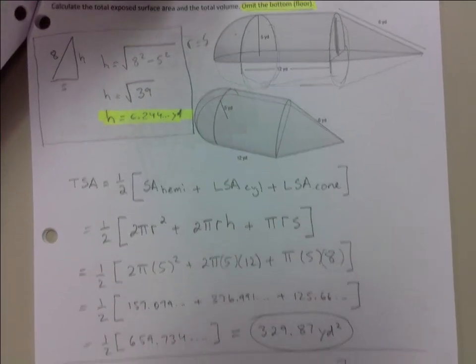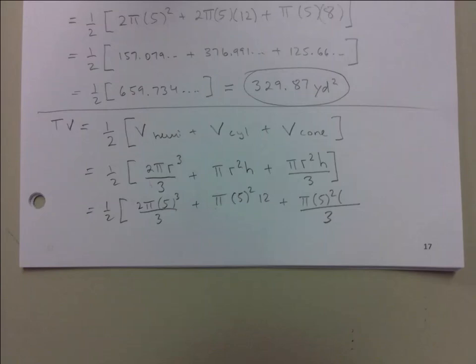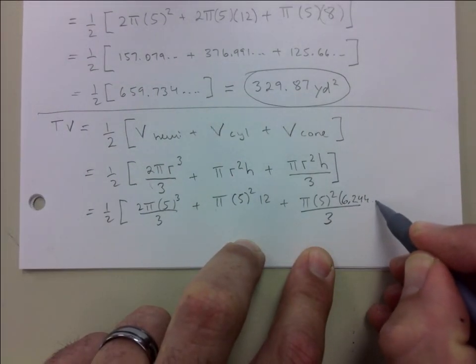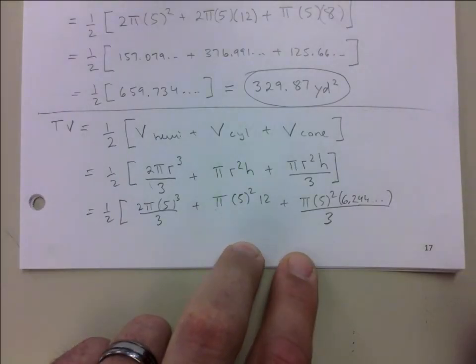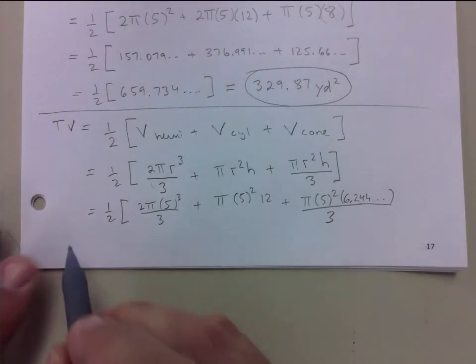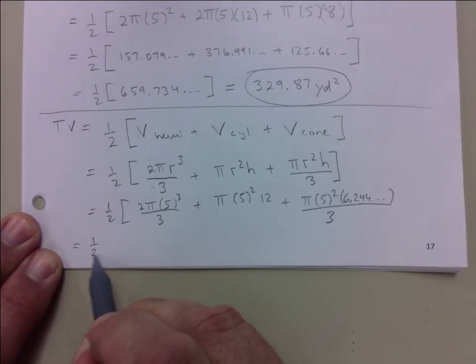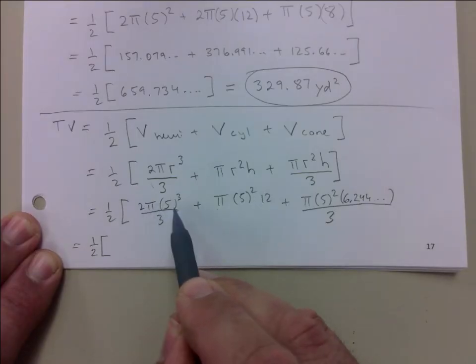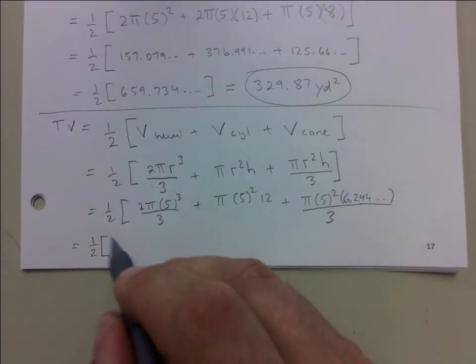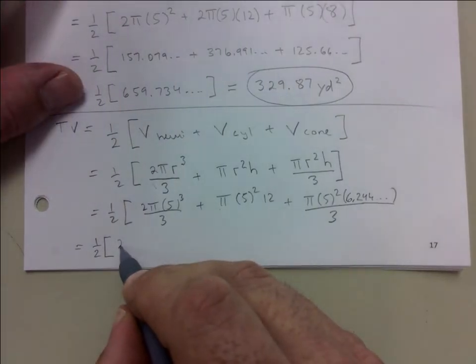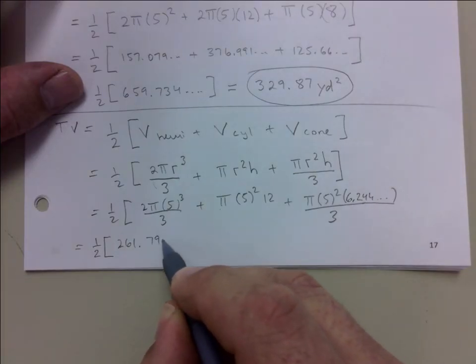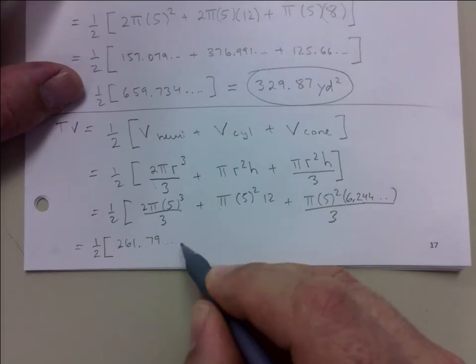So let's bring this height down to our volume calculation. 6.244, like that. And now, if you type this in, you get 261.79, and that keeps going.